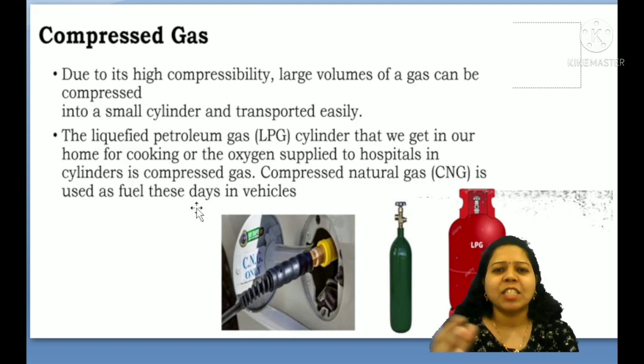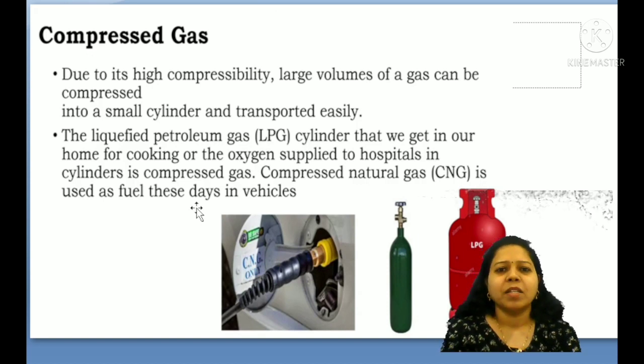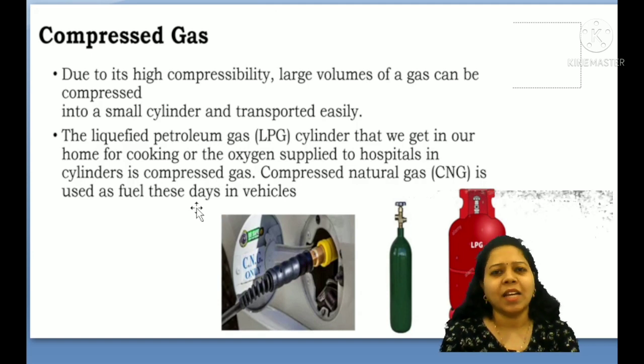We applied external pressure on the gas, and that's why it turns into liquid. That's why we say liquefied petroleum gas. Same like this, we use CNG and other gases in the form of liquid by applying external pressure, which are known as compressed gases.